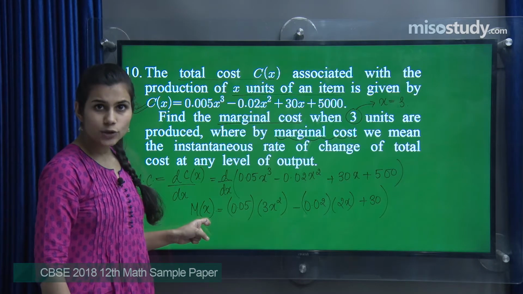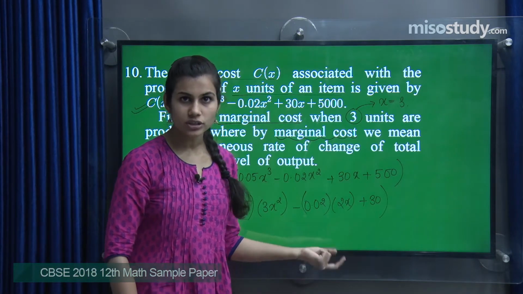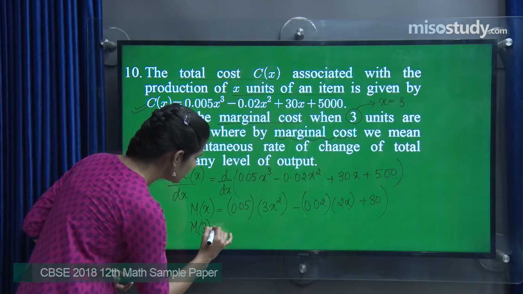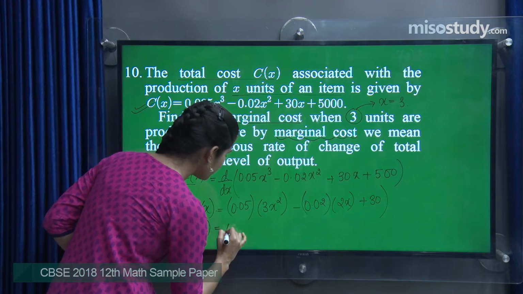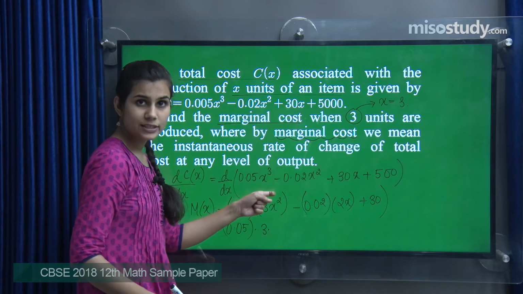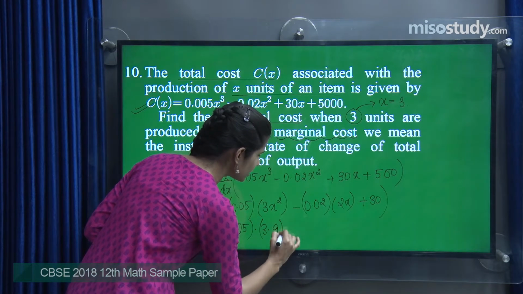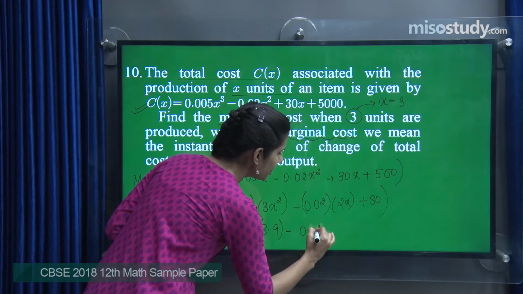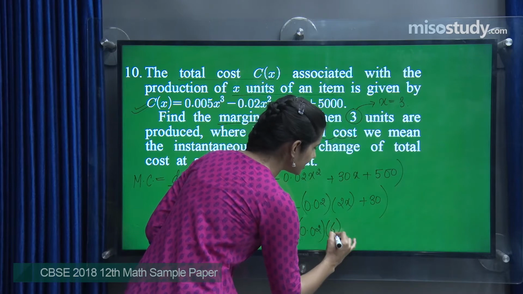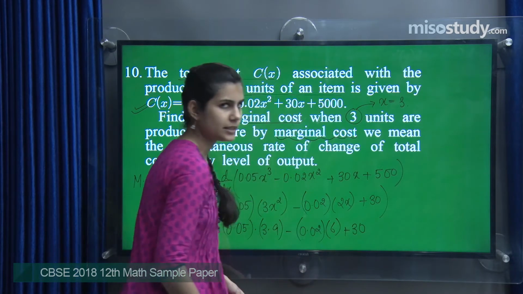Marginal cost when x units are produced is given by this function. So marginal cost when 3 units are produced is what? This is nothing but 0.05 into 3 into x square, which means 3 square, which is 9, minus 0.02 into 2 into x, which is 2 into 3, that is 6, plus 30.